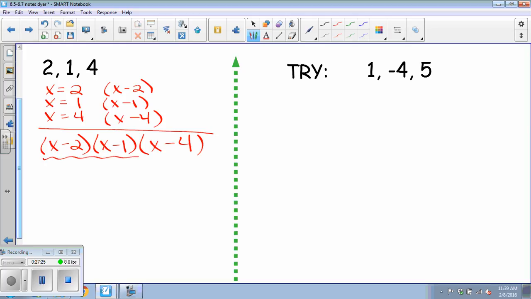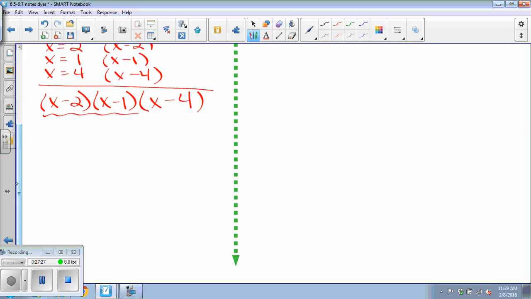So you multiply these 2 first. So, x times x is x squared. X times negative 1 is negative x. Once I distribute that, I distribute the negative 2. Negative 2 times x is negative 2x. Negative 2 times negative 1 is positive 2. And that's still times x minus 4.